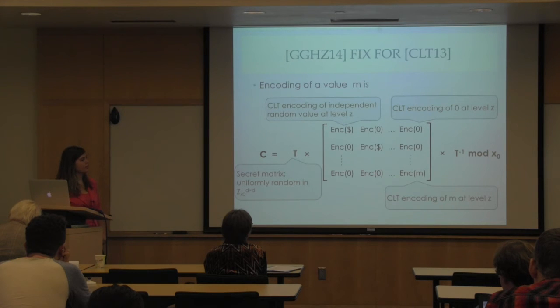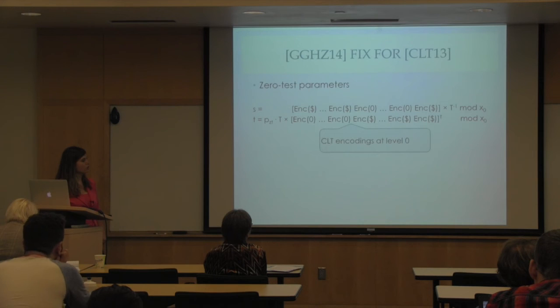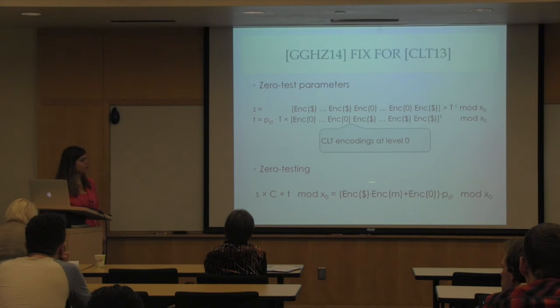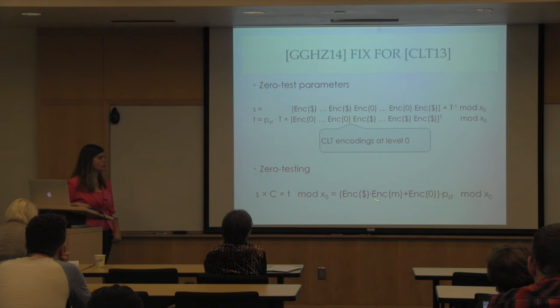And at the end, we will also have the CLT 0 test component. So now a 0 testing will be multiplying the encoding with these 2 vectors, and the result will have this form. It will be an encoding of the message multiplied with something random that's coming from the last component here, and then plus an encoding of 0.